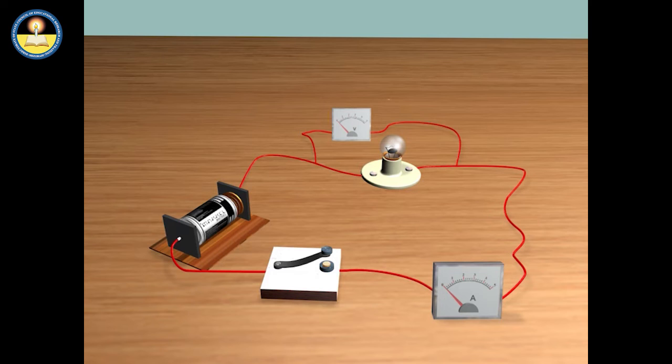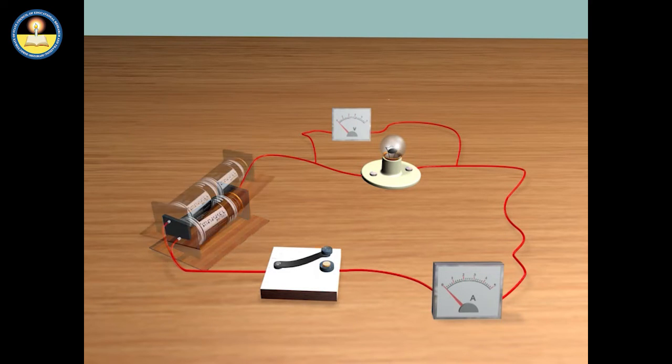In 1831, British scientist Michael Faraday and American scientist Joseph Henry introduced the concept of electromagnetic induction individually. But the credit of the discovery goes to Faraday, because Faraday performed numerous experiments to prove that electricity could be generated from magnetism.